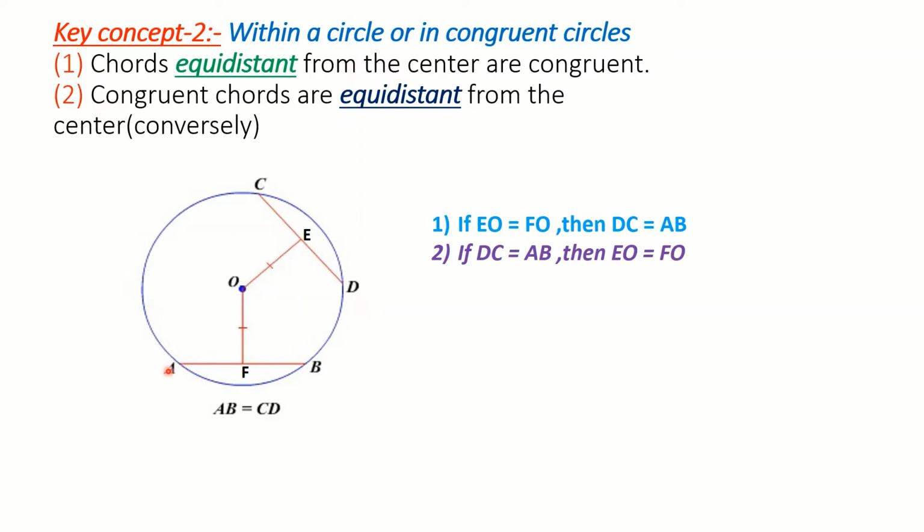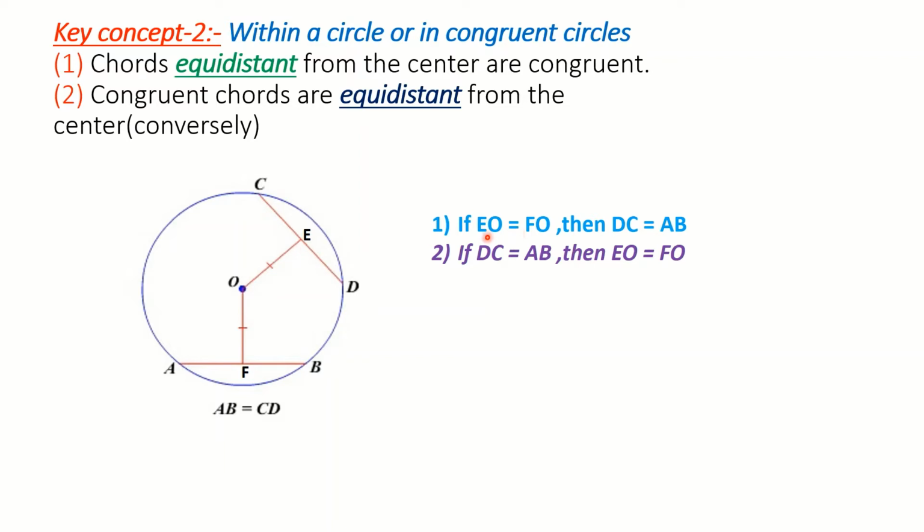As shown in this graph, EO is congruent to FO, which means CD is equidistant from the center as AB, since the distances from O to F and O to E are the same.